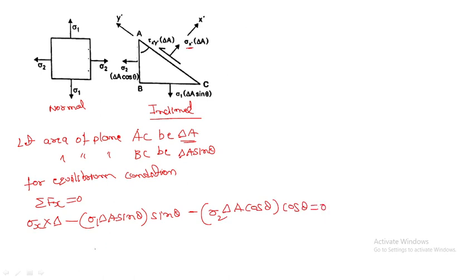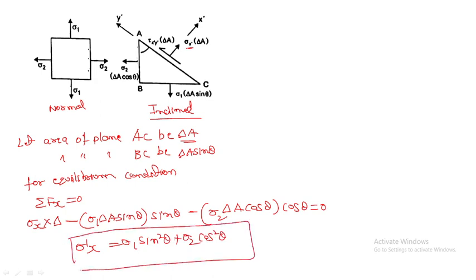So how can we write now? That is, sigma dash x is equal to sigma 1 sin square theta plus sigma 2 cos square theta. This is one formula you have to remember.